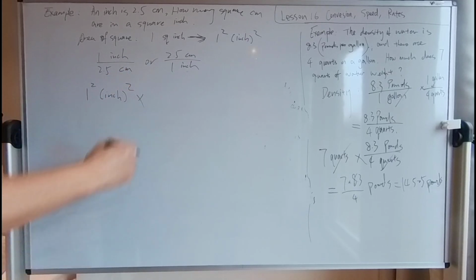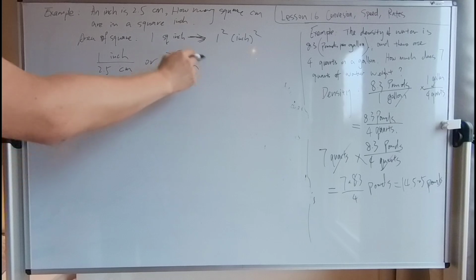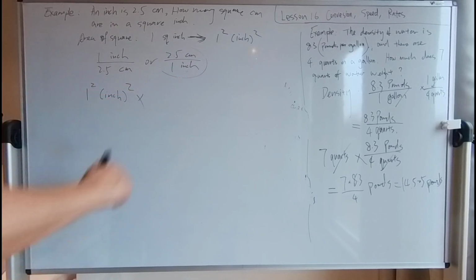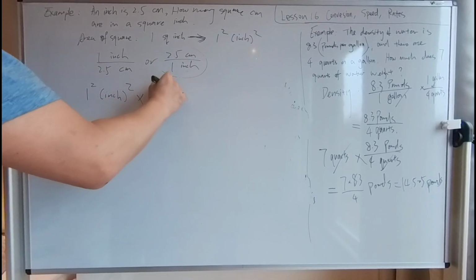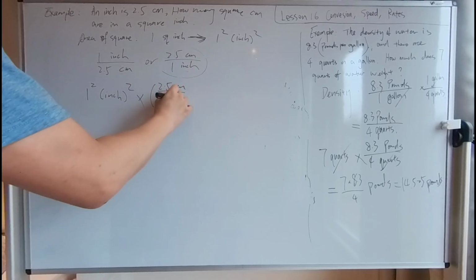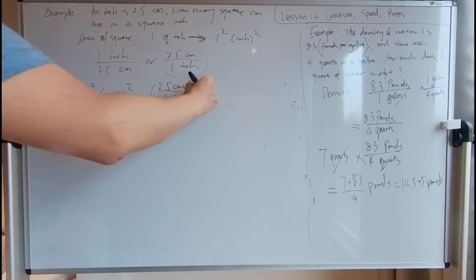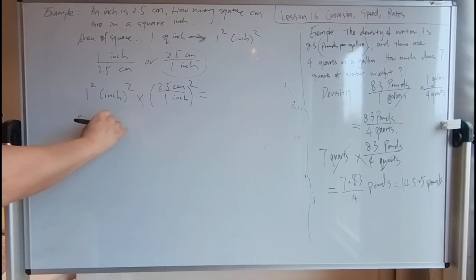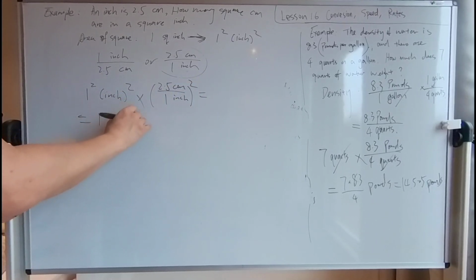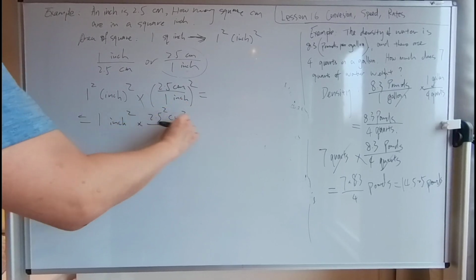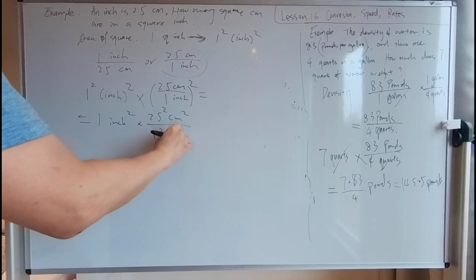This time, if I'm only multiplying this conversion, inch and inch square won't be completely cancelled out. Which means I need to multiply it twice, or multiply the square of this conversion. So this is equivalent to 1 inch square times 2.5 centimeters squared over 1 inch squared, right?